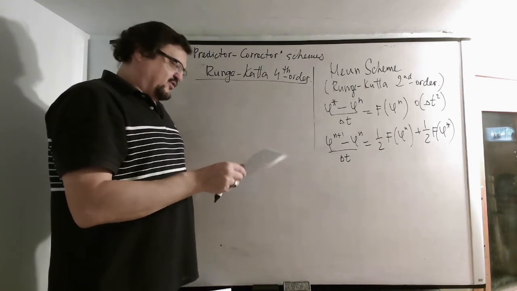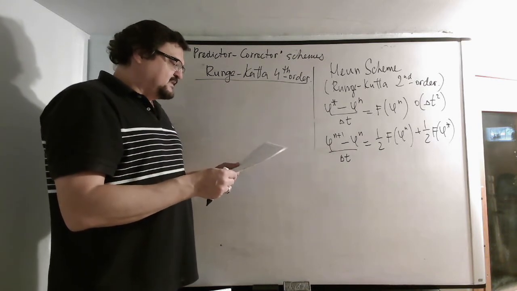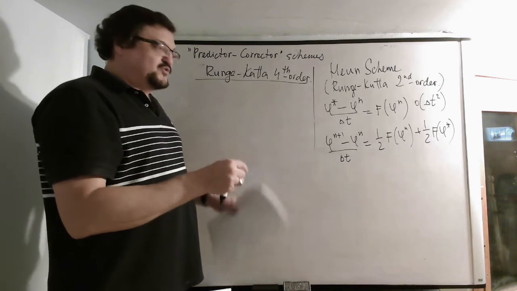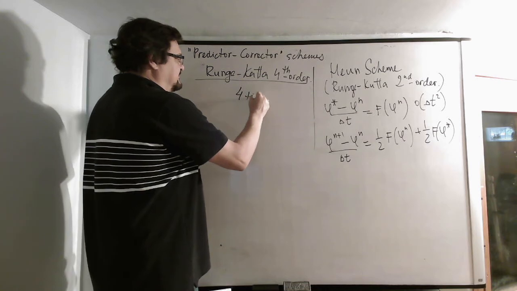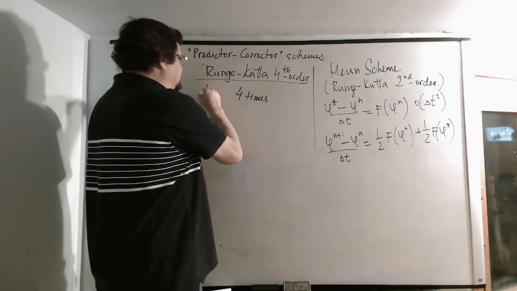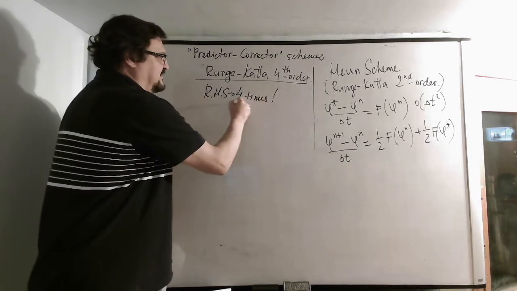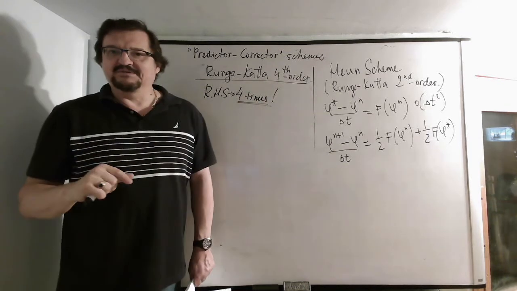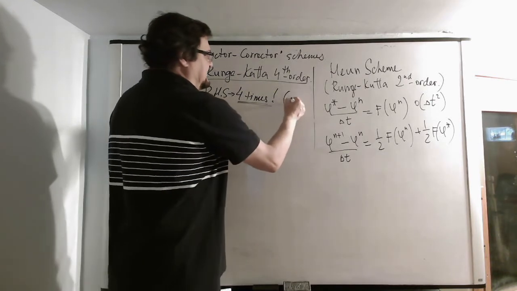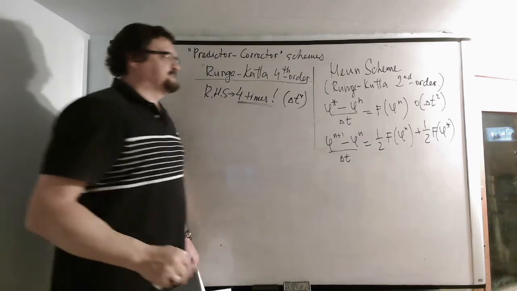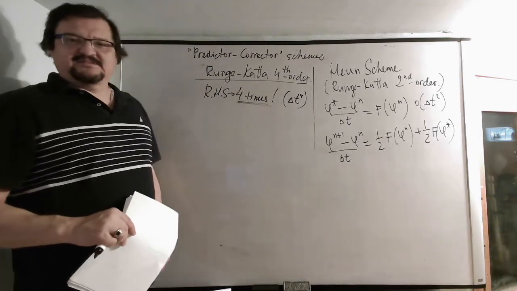It's a more complicated scheme, but it involves computing the right hand side 4 times, instead of 1 time in an Adams-Bashforth scheme, and it's delta t to the 4th power. So it's very accurate in terms of time, but at 4 times the cost.